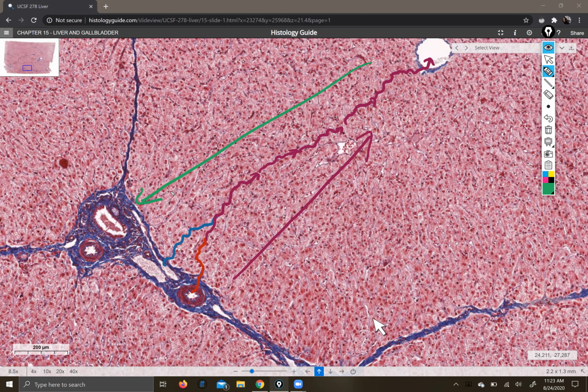So we've got mixed blood moving in the opposite direction from bile. So that's the reason why the liver histology looks the way it does. It's an organized filter that also happens to produce a useful substance. So it's doing double duty, and it's shaped in a way that's very specific to the jobs that it does.